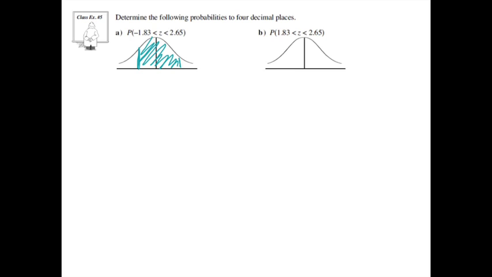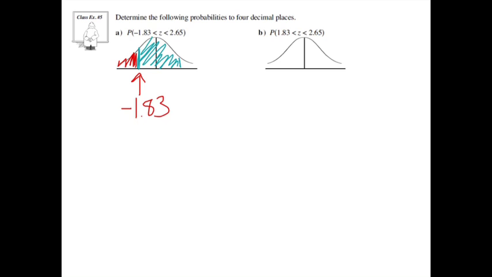So what you need to do is go onto your z-score tables in the back of your book and look up the area for negative 1.83 and the area for 2.65, keeping in mind that each one of these refers to the area to the left of it. Well, this one right here, which is negative 1.83, is going to reference the area to the left of it.